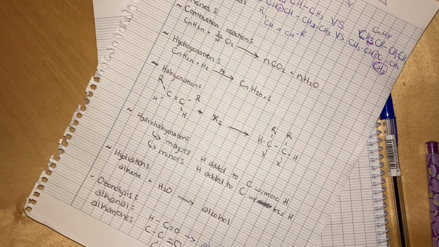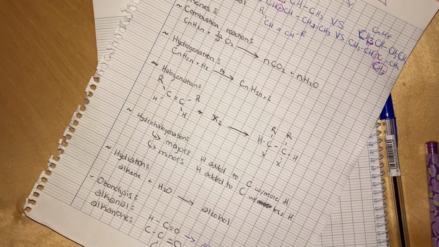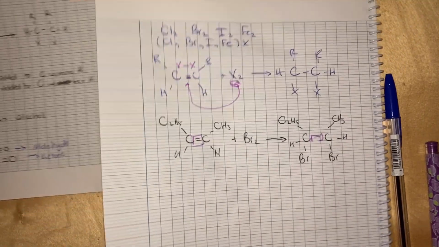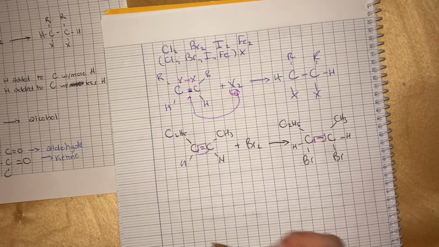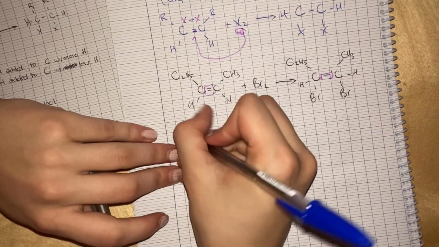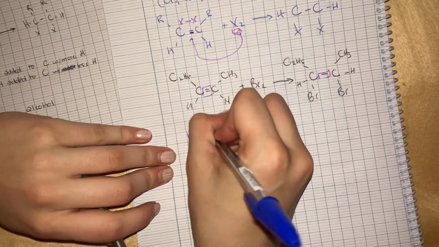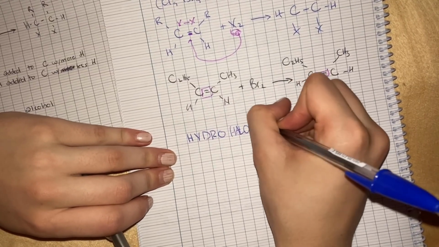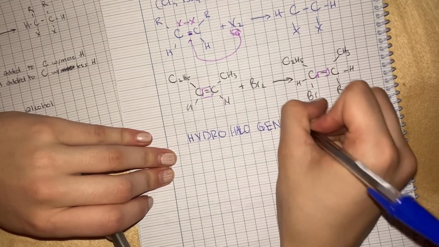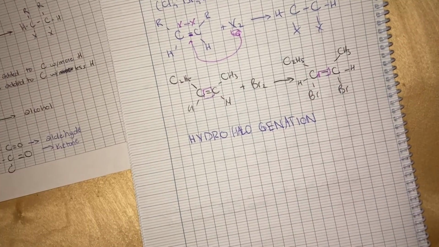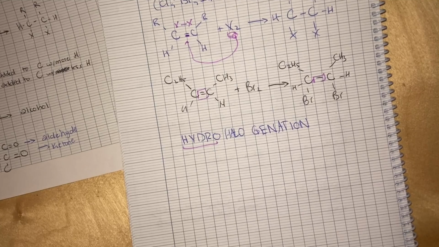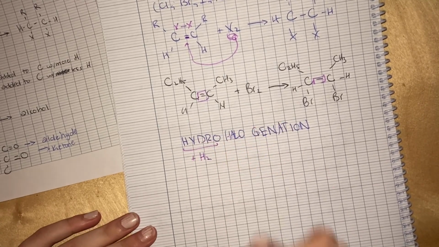Next, hydrohalogenation. If you look at this word, hydrohalogenation, notice something. Let me just write it out in all caps. Ignore my messy writing. Hydrogenation, if you remember, is the addition of H2.